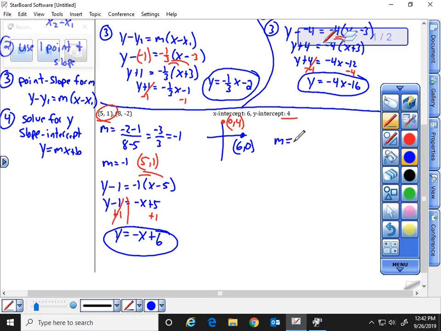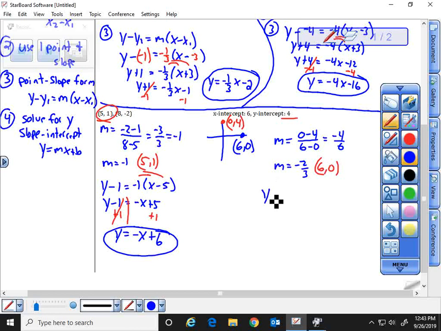Subtract your y values. So I'm going to go 0 minus 4 and 6 minus 0. So the slope is -2/3, and then you choose one of those 2 points. I'll just choose that first point, that's (6, 0).